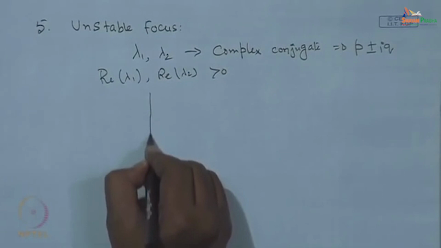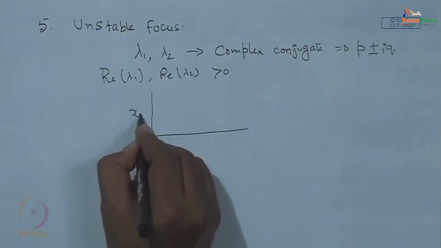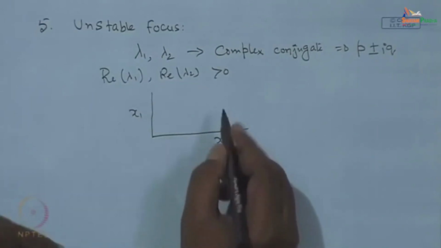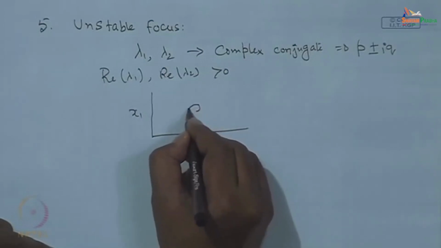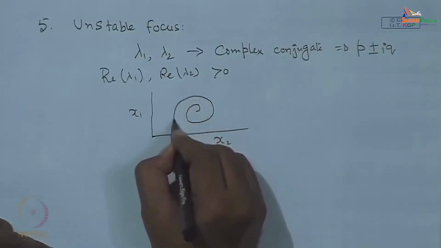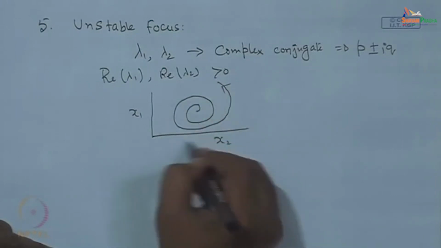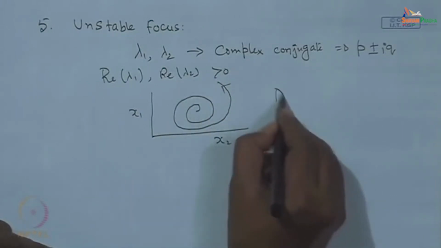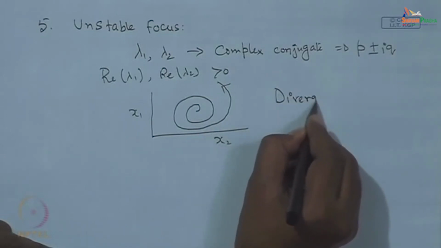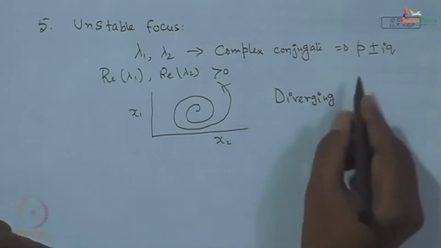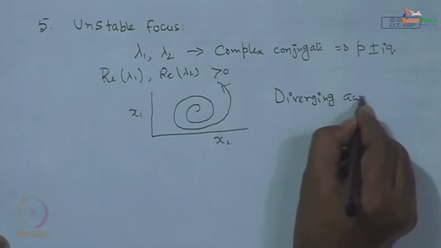If you look into the phase plane plot x1 and x2, in this case the focus will be unstable, and the deviation or perturbation will be diverging away from the steady state.